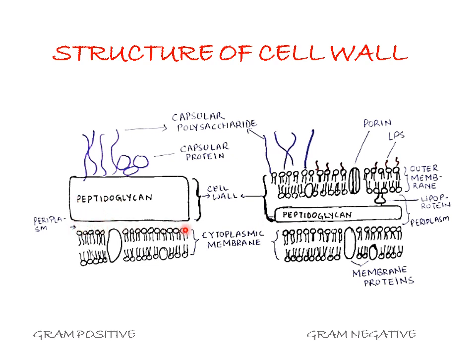And you can see here is a space between the peptidoglycan and the cytoplasmic membrane. This space in gram-positive is called the periplasmic space or periplasm. If the bacteria has a capsule, they will have capsular polysaccharide and capsular protein on the surface as well. So this is a basic simple structure of the cell wall of a gram-positive organism.